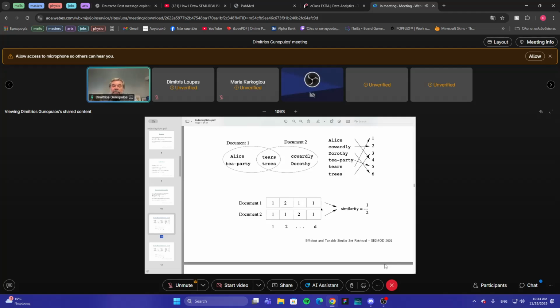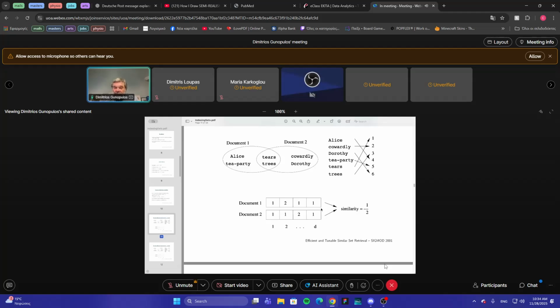Instead of doing computations in the 100,000 dimensional space, you do computations in a 100-dimensional space. So it's 1,000 times faster, and the actual space that you need for the document to compute the similarity is 1,000 times less. It's many orders of magnitude less. So this by itself is useful.